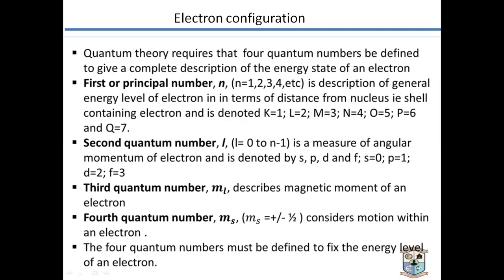You'll understand me a bit later in our example. Then there's also the third quantum number, m with an index of l. This one describes the magnetic moment of an electron. Then the fourth quantum number is m with an index of s. This one can be plus or minus a half.